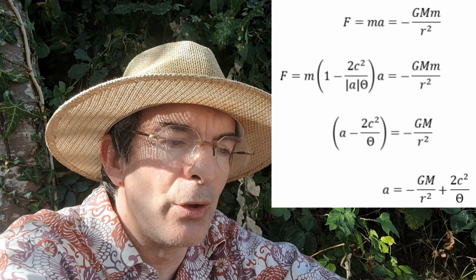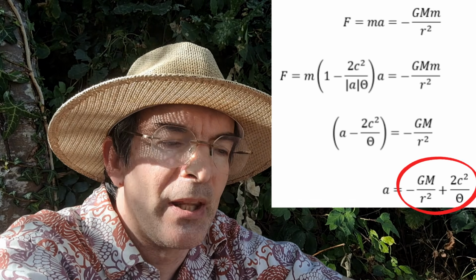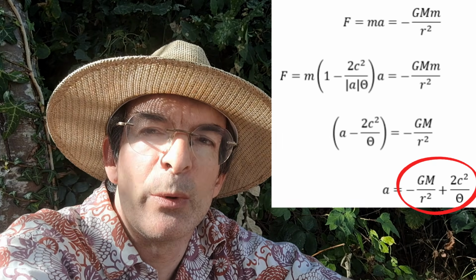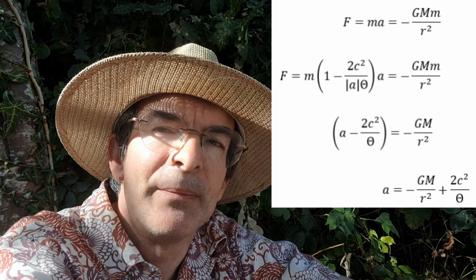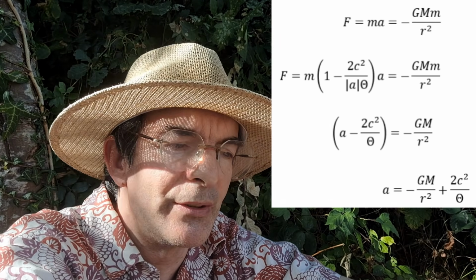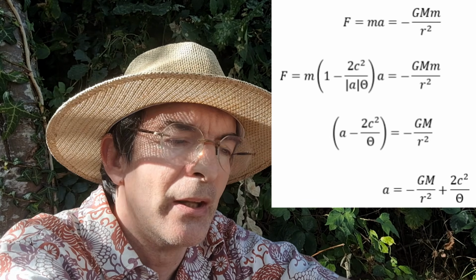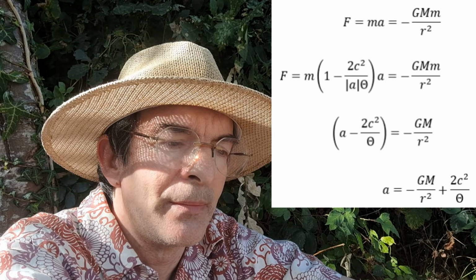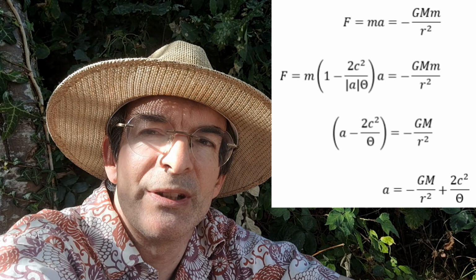Well, if it was, then we could equate these two terms on the right hand side and see whether they are equivalent, and whether a actually becomes zero. When we put in values, we know the value of the gravitational constant, we know the mass of the universe, big M, we know its size, r, we know the speed of light, and we know its diameter, which is theta.